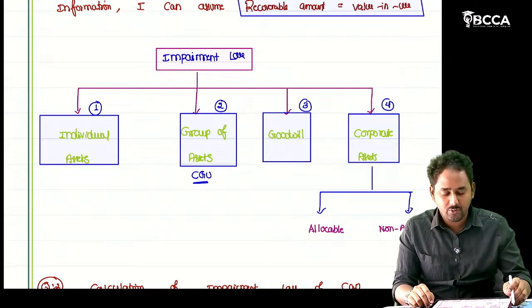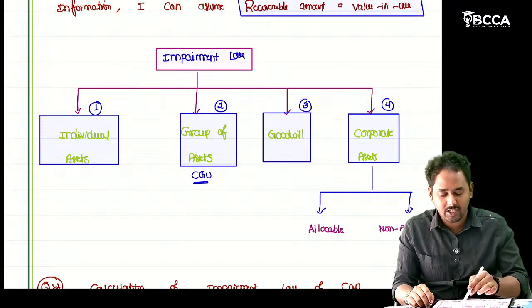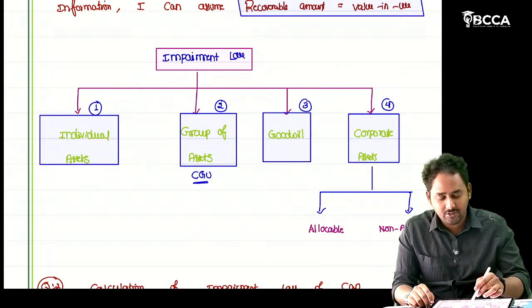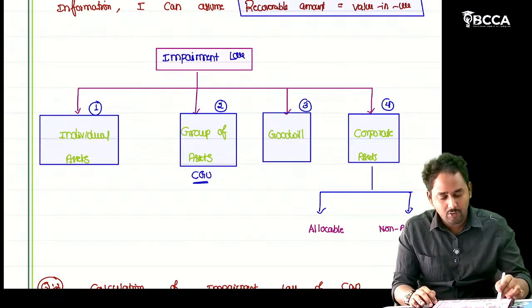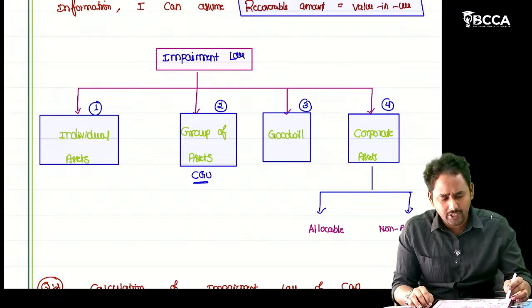Then we can find out the impairment loss for the entire CGU after allocation of the corporate assets. Then the resulting impairment loss should be allocated to the corporate assets and the individual assets in the group. Among our corporate assets, there are allocable and non-allocable ones.